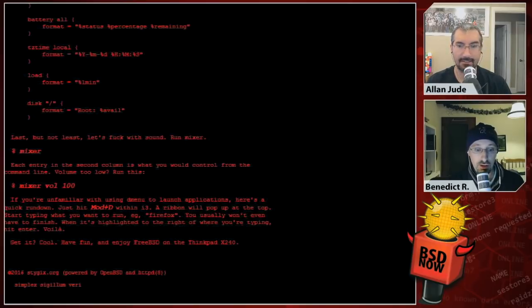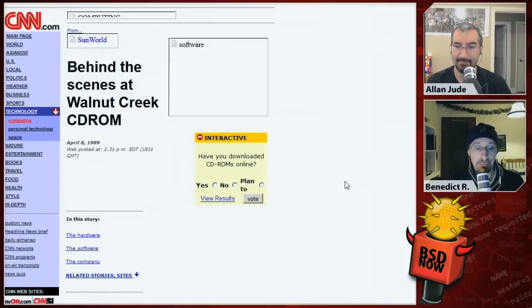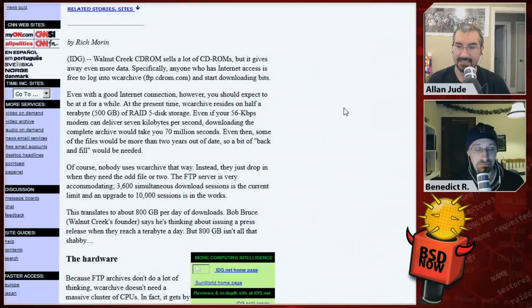So next story. I dug up this old one from April 8th, 1999 from CNN, who has managed to somehow keep the original look of their page from back then. Hasn't changed much, yeah. This is a quick story from Walnut Creek CD-ROM saying they sell a lot of CD-ROMs, but they give away even more data.